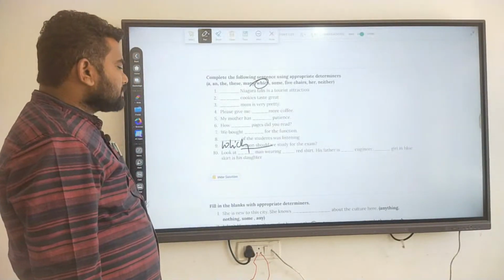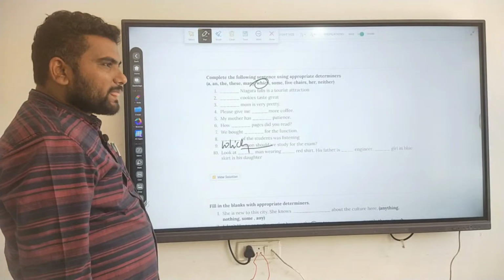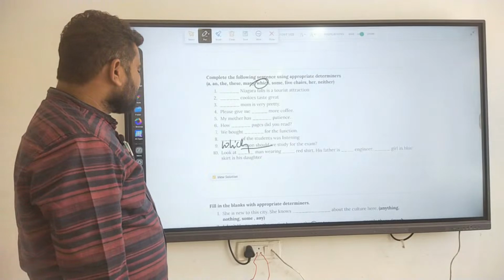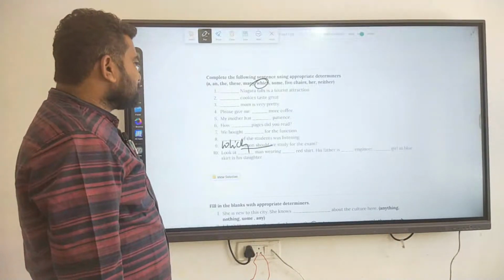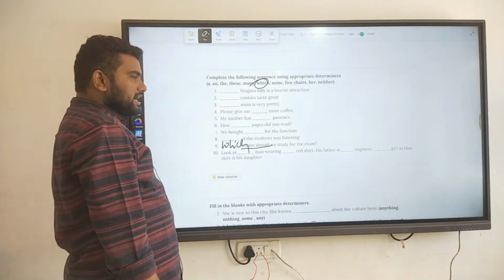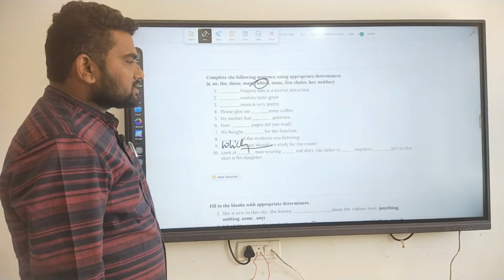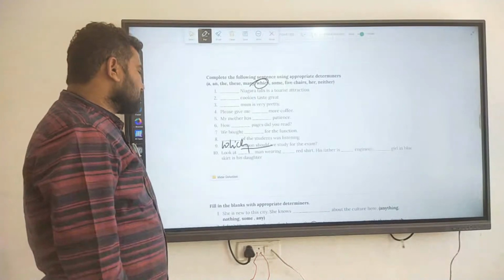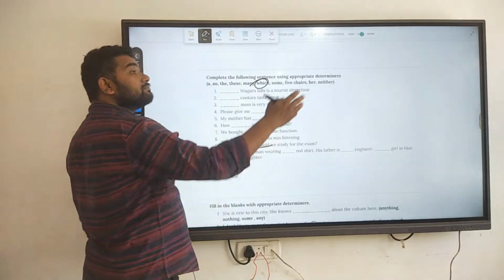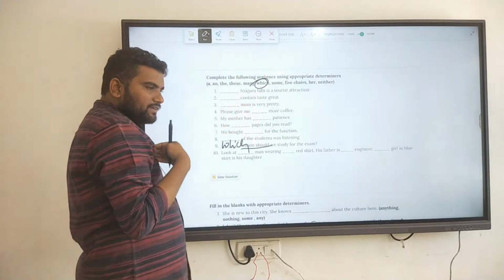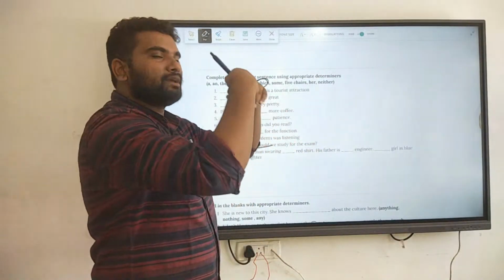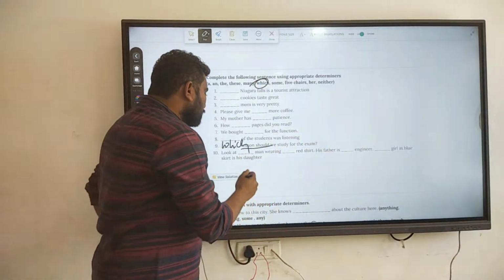Next, look at dash man wearing dash shirt. His father is dash engineer. Dash girl in blue skirt is his daughter. We cannot say look at a man. If I am pointing towards a man, even though I may not know him, I'm going to use look at the man.